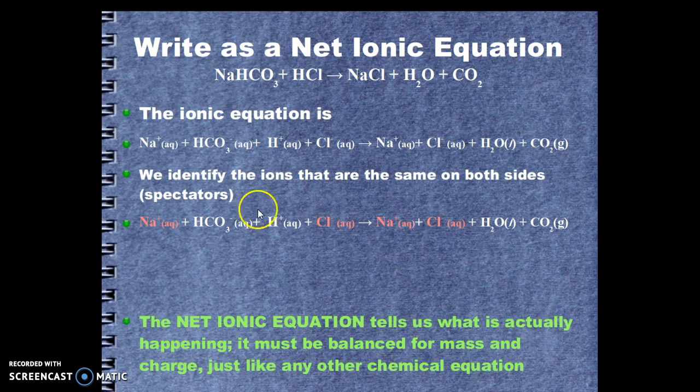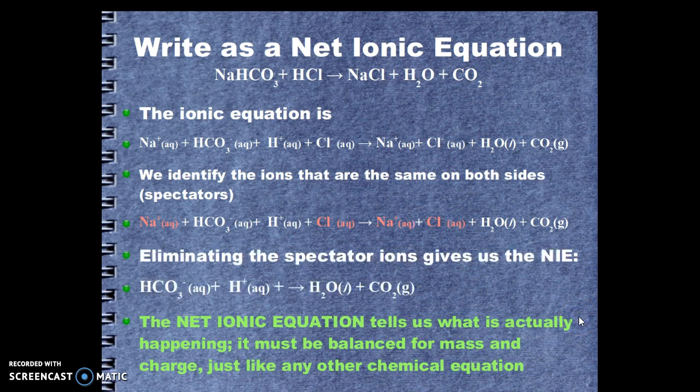We see them here. Sodium appears on the left and on the right, and the chloride ion appears on the left and on the right. No change there. Therefore, there is no reaction actually going on with those ions. So the spectator ions being eliminated, we have the net ionic equation.